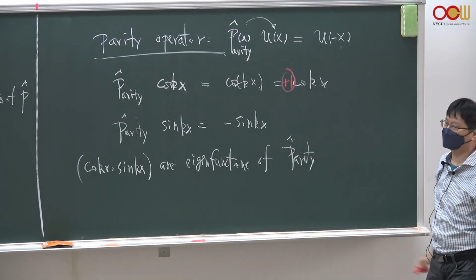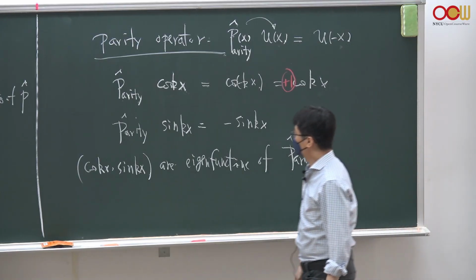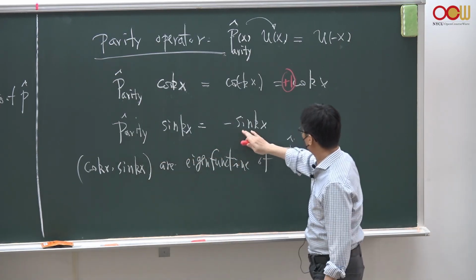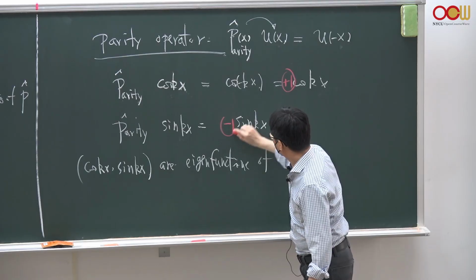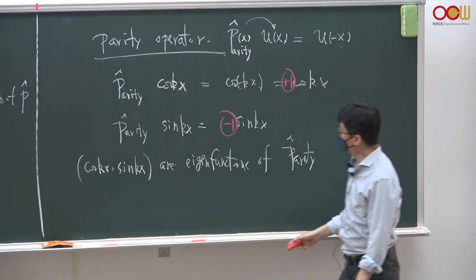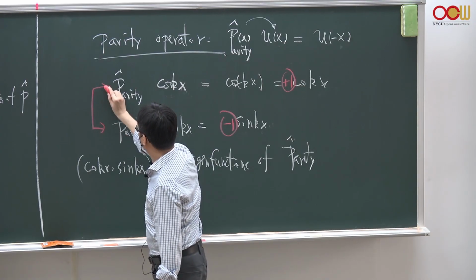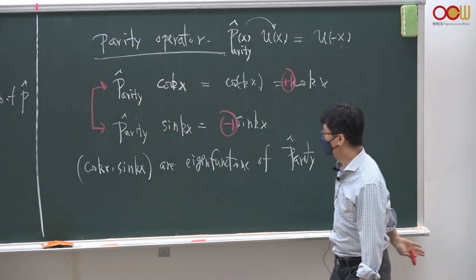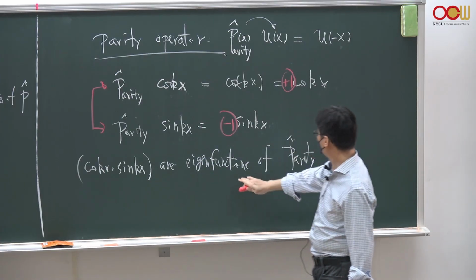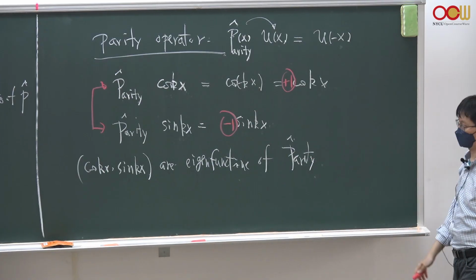So it satisfies the eigenvalue equation. And likewise, if I apply the parity onto the sine kx, I get -1 as an eigenvalue times the sine kx itself. So both states satisfy this eigenvalue equation. So both cosine and sine kx functions are eigenfunctions of the parity operator.